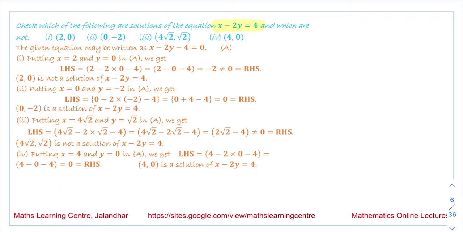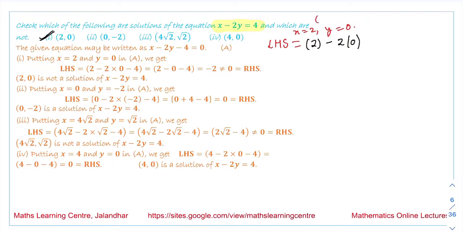So first we substitute the first point in this. We are talking about 2 comma 0. So when we put 2 comma 0, it should satisfy this equation. So we are saying LHS is equal to this, after substituting x is equal to 2 and y is equal to 0.